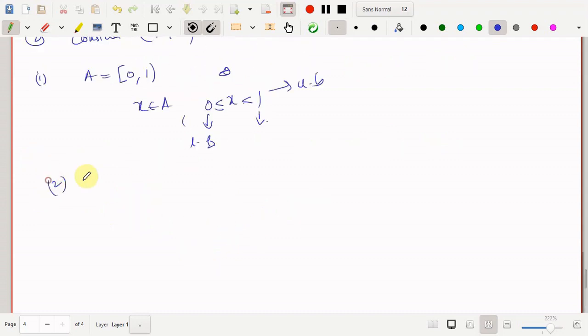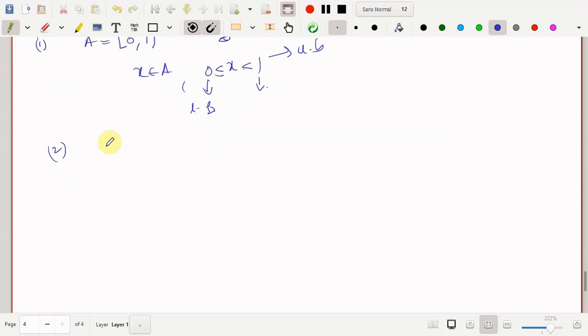Now, if I consider B to be the set of all x in R such that x is greater than -1, this is basically the interval -1 to infinity. This set does have the lower bound -1, but it does not have an upper bound, because there is no bound from the right side.